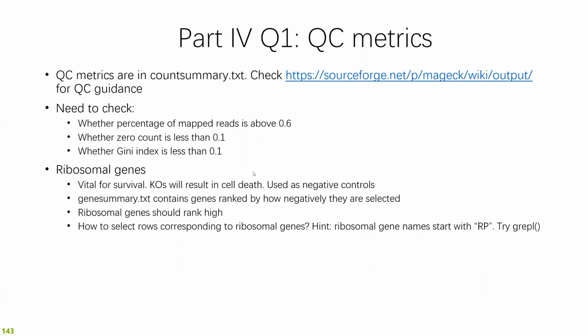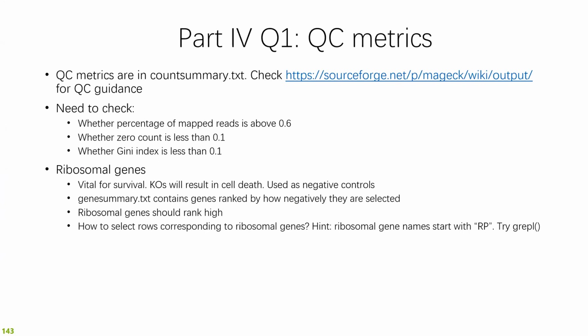And you will be asked to check whether the percentage of mapped reads is about 0.6, whether the zero count is less than 0.1, and whether the Gini index is less than 0.1. So we give you 4 samples, and if these are true for all samples, the data is of good quality. And another layer of QC metrics is ribosome genes.